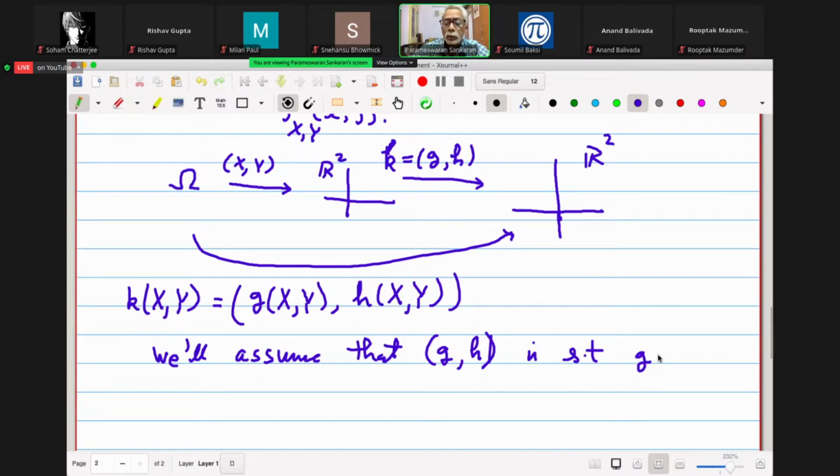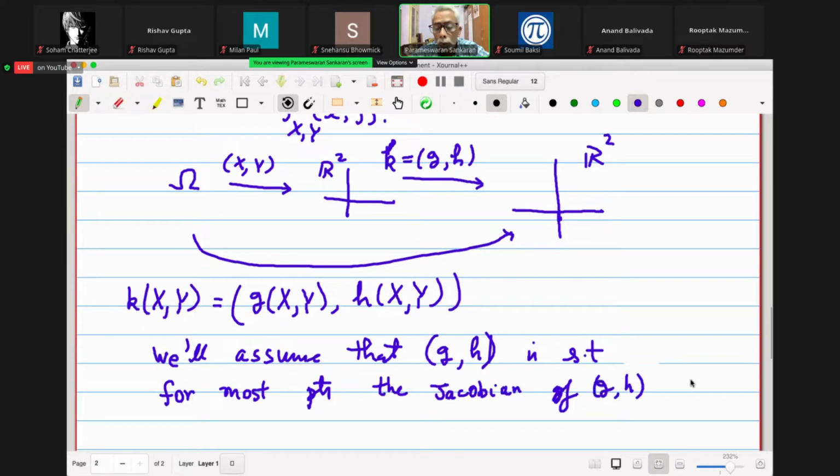In order to develop this language, one has to use some terminology, but I'll avoid all these things. We assume that for most points, the Jacobian of g comma h, which you may call u comma v, is invertible.